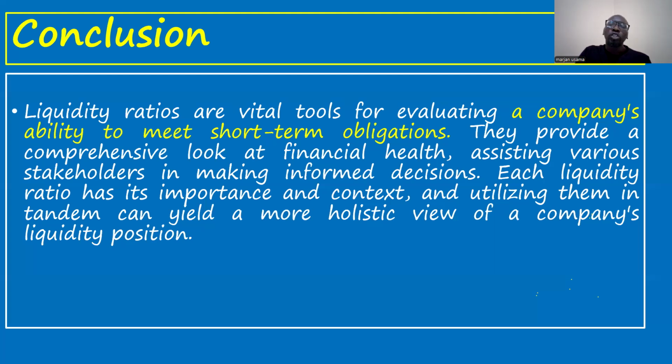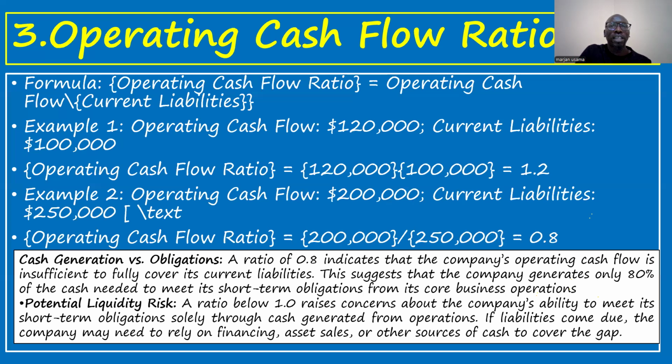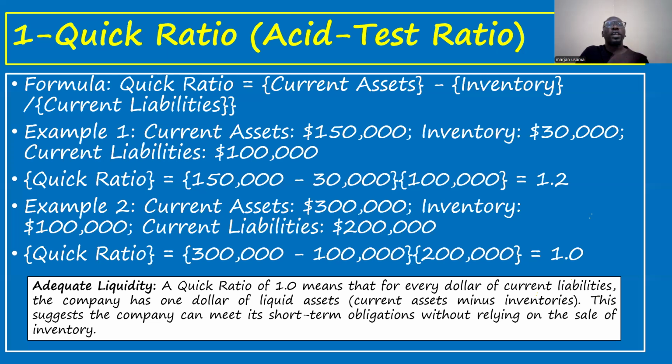Full stop. So these are the liquidity ratios: working capital ratio, operating cash flow ratio, cash ratio, and quick ratio. So there are four. So these four, we normally call them the liquidity ratios.